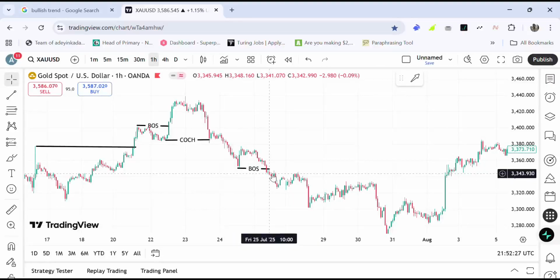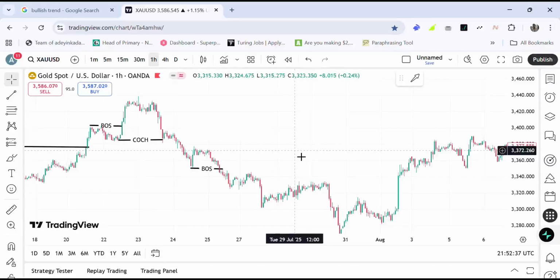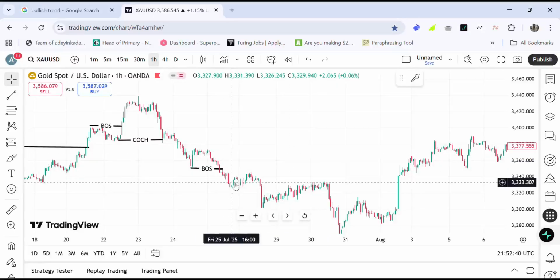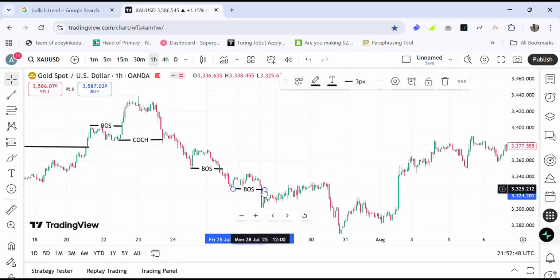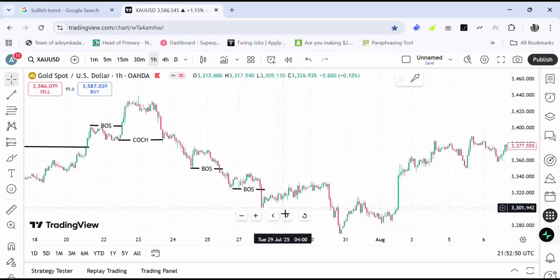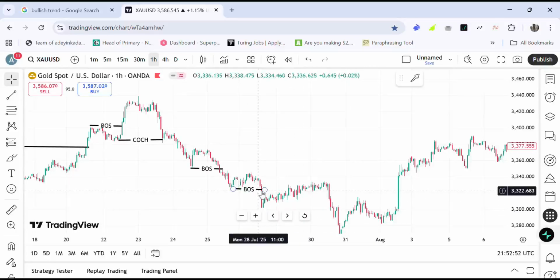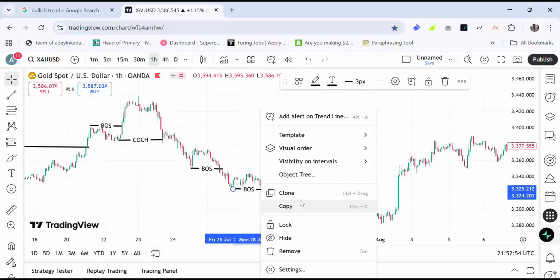This is the part that actually causes the break of structure, right? So we can just map it normally, probably as a trap, but I just continue it. Another break of structure to the downside. Right? Another break of structure again to the downside.